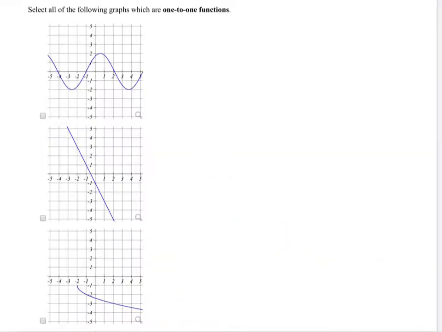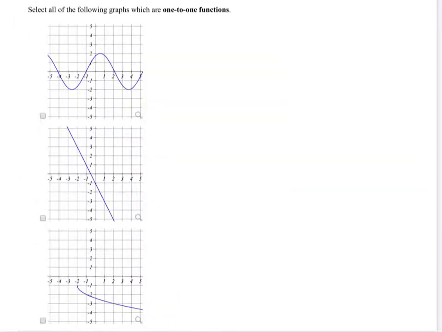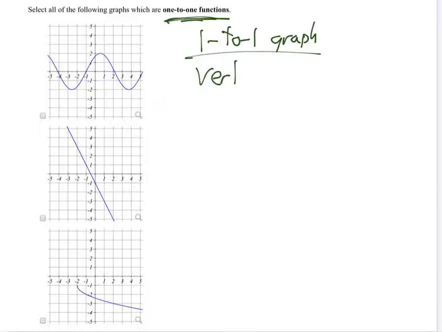All right. And now, what do they want us to do here? It says 1 to 1. So now they want us to look at graphs and decide which of these are 1 to 1. Well, what is 1 to 1 on a graph? Well, we've got the vertical lines, only 1 point, right?